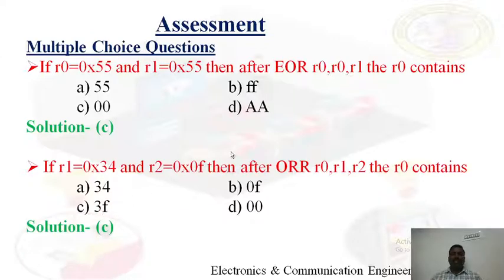As I said, here 3 is ORed with 0, then 4 is ORed with F. So 0 ORed with anything, you will get the same thing. F ORed with anything, you will get F only, because here all are ones, whatever may be the data, the result is always 1.